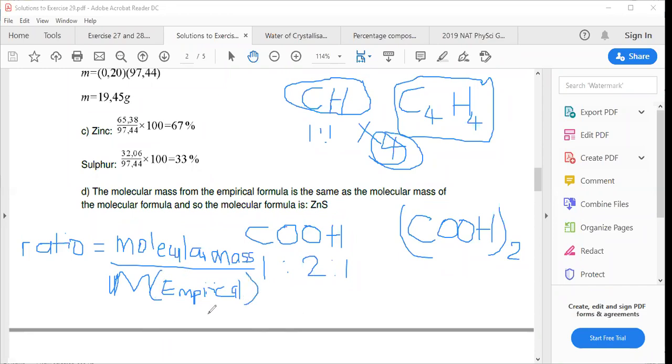When I divide this, the ratio that I get, I'm then going to multiply by. So when I do this here, I'm going to get a 2, so I multiply everything by 2. That's how I come to this.